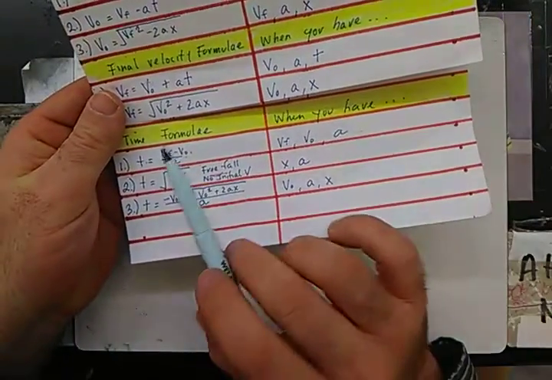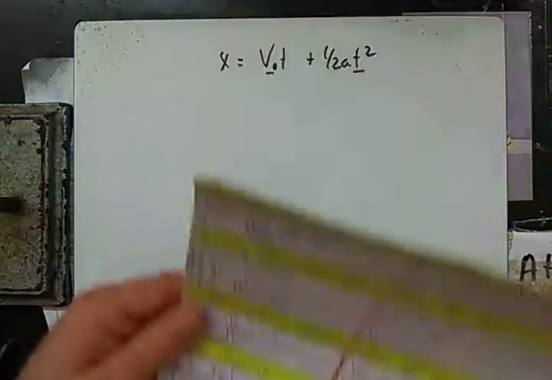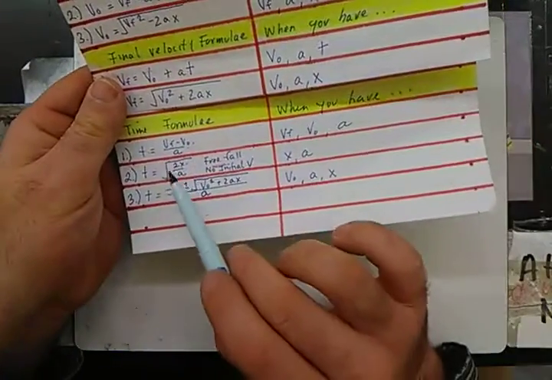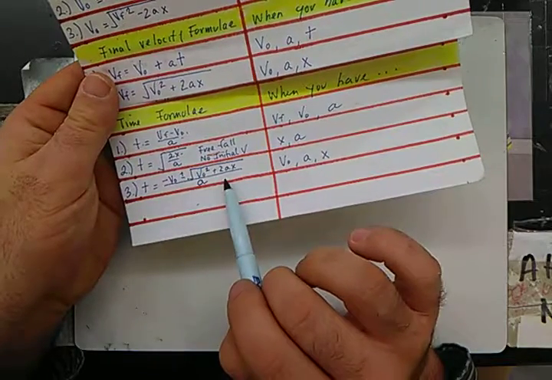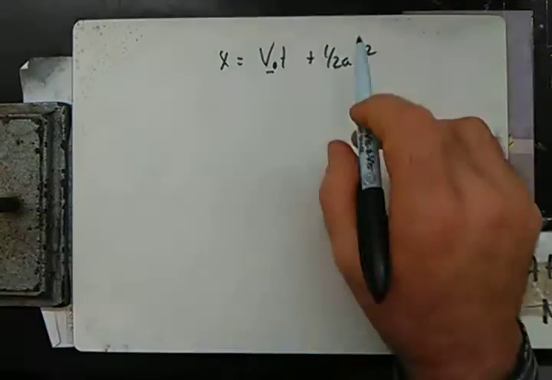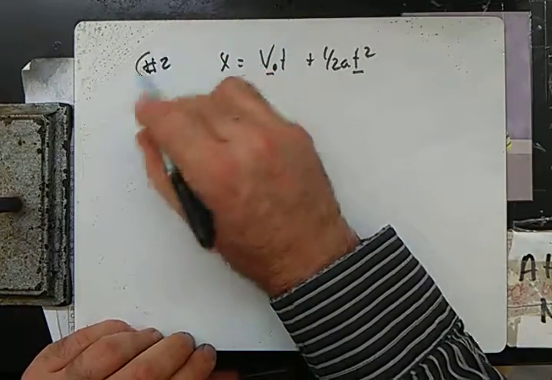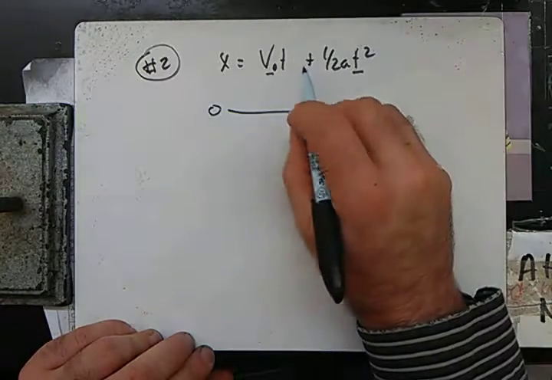I've got a couple of them here. t is vf minus v over a. I don't have a vf here, so that won't work. I've got this one here and this one here. So I'm going to stick with this original equation number 2. I'm going to give you a situation where we need to solve for t.